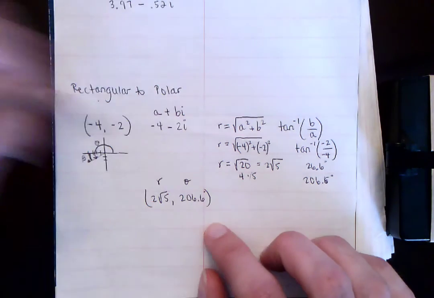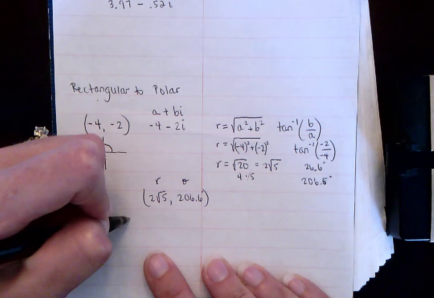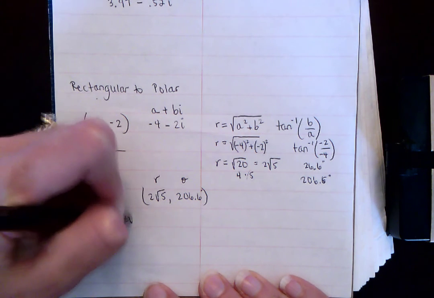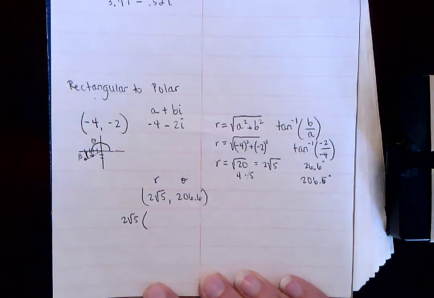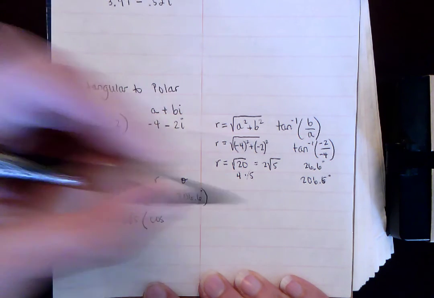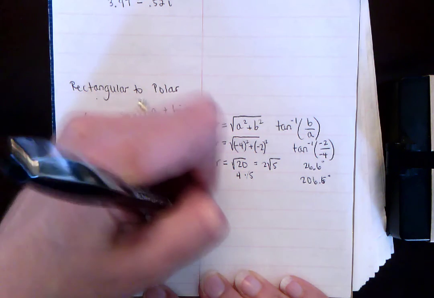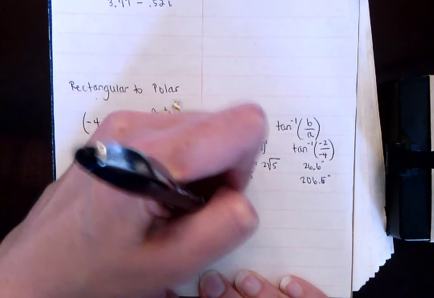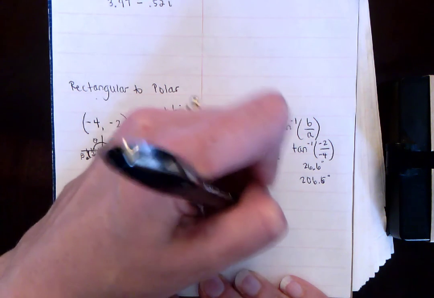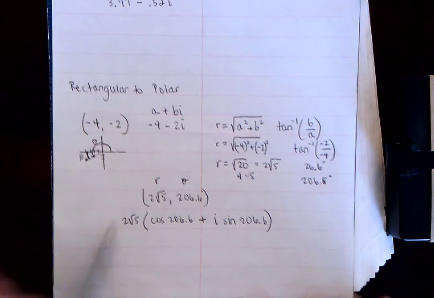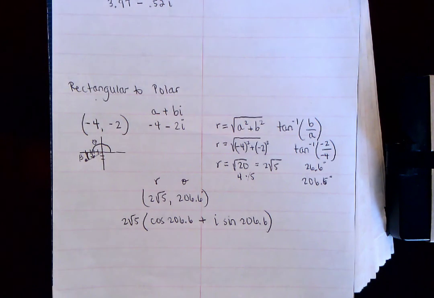It's r theta, but you normally write it in the more formal way, which is 2 root 5 times cosine of 206.6 plus i sine of 206.6. Okay, so that would be how you would really want your answers to be in polar form.